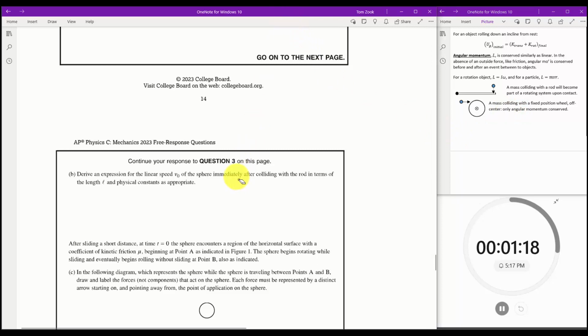So here, if I wanted to set this up just to get some credit, I could say that L initial is equal to L final, conservation of angular momentum. I could just write that as a statement. But I would have to say that it's going to be the I for the rod multiplied by the omega that it has from up above.